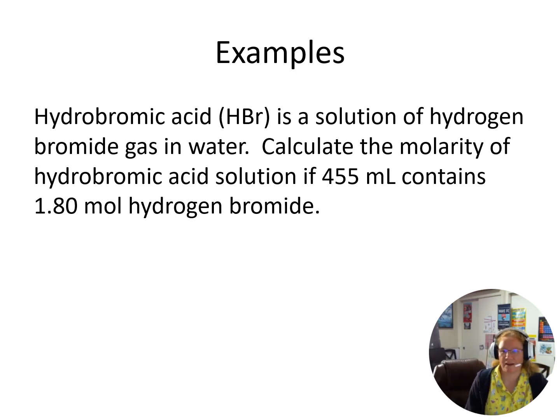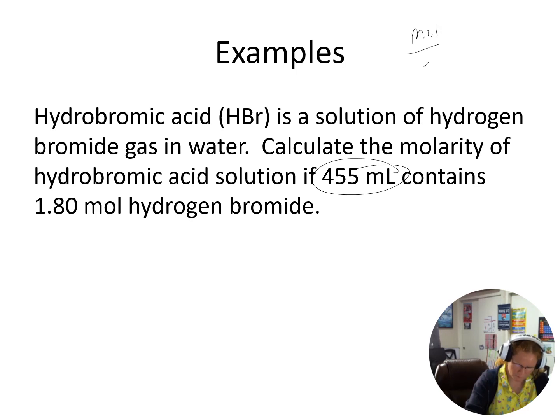Okay, so now I want to calculate the molarity of hydrobromic acid, where we've dissolved hydrogen bromide into water. So I have 455 mils of this acid that has 1.8 moles of hydrogen bromide. Okay, so pay attention here. Again, molarity, moles per liter. So my 455 milliliters becomes 0.455 liters.